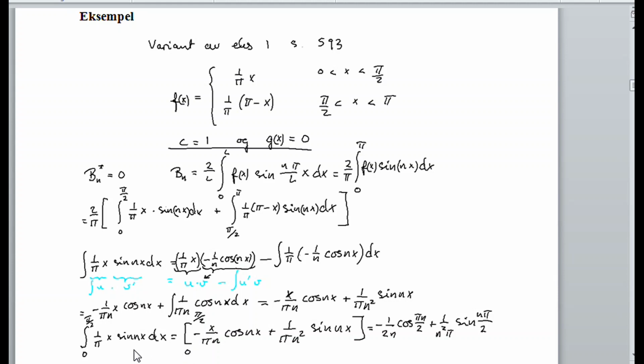So we just put 0 and pi over 2 and put in the antiderivative of the function which we found here. And when we are doing this, replacing x with pi over 2, here, here, here, then take minus the same expression just with x replaced by 0, we obtain this expression.